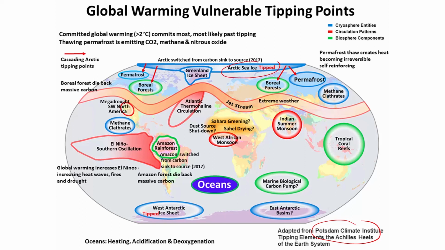So Arctic sea ice, they say it's already tipped, that it's going to disappear. Greenland ice sheet, we talked a lot about. Permafrost, we talked about. Boreal forests, we haven't talked about, but as the warming increases, it will probably disappear. And the Atlantic thermohaline circulation, we have discussed again and again.